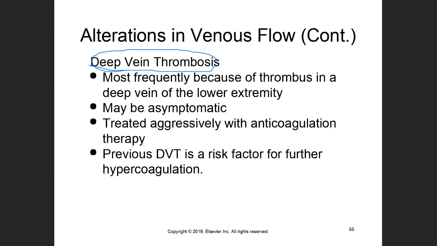If you have swelling of both lower extremities, it is most probably due to congestive heart failure, liver problems, or other diseases. But when you have just one side with predisposing factors, such as a patient who doesn't move for a long time, then you start thinking of deep venous thrombosis. Treat aggressively with anticoagulation therapy. Previous DVT is a risk factor for further hypercoagulation.